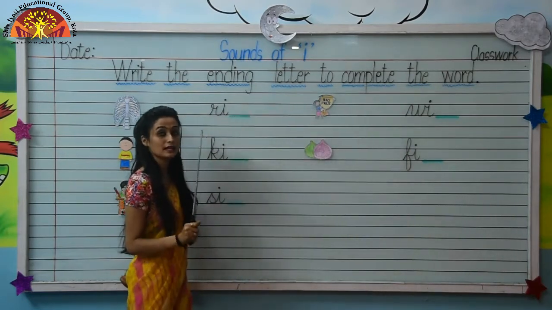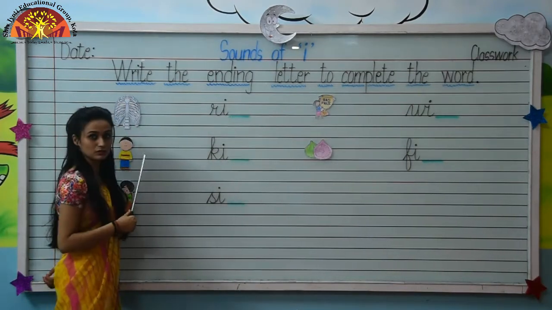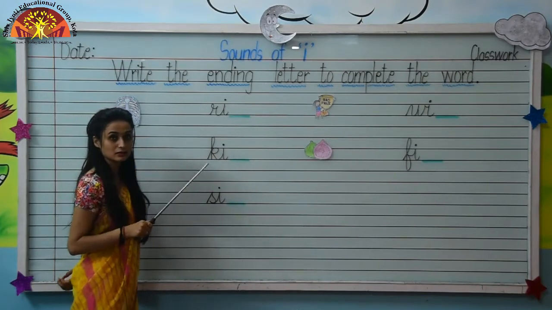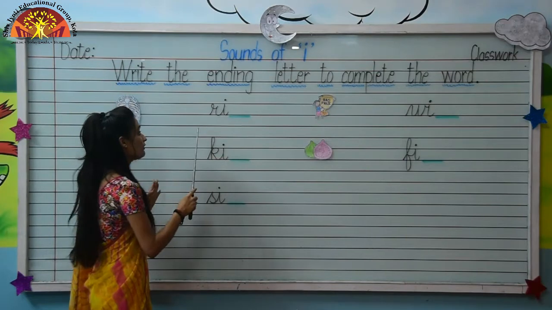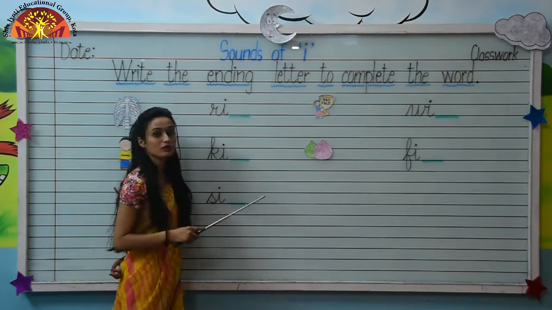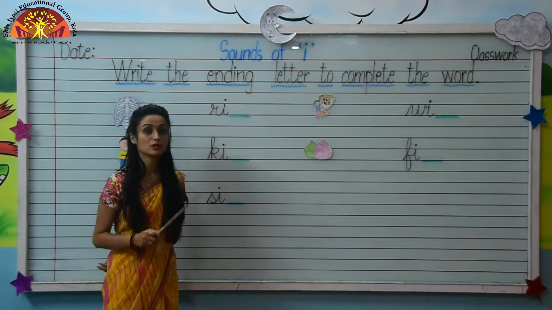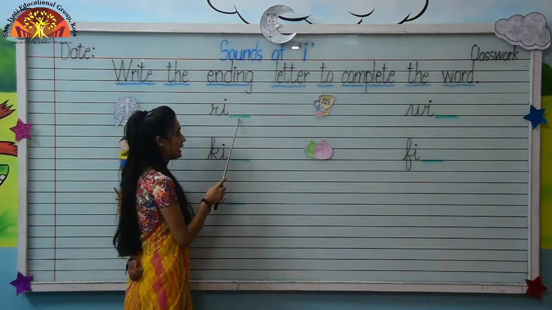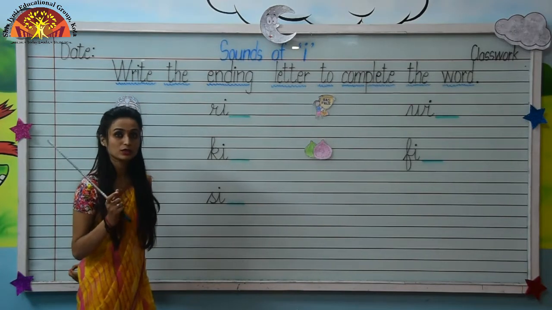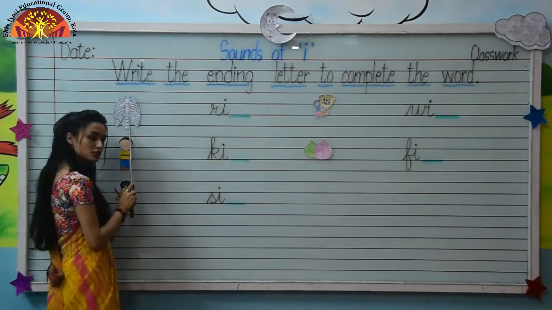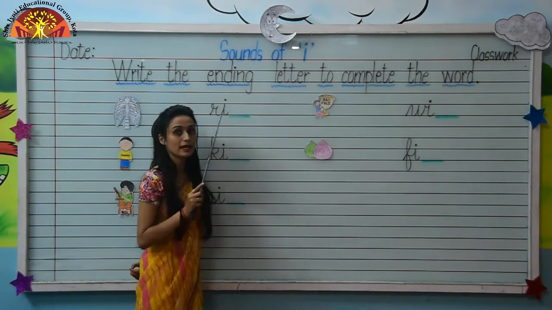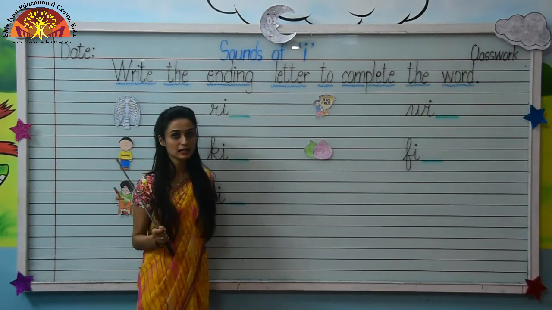Kids, as you can see, here are some pictures, and in front of these pictures a few words are written. We have to complete the whole word. The ending letter of the word is missing, so we have to find out the ending letter and complete the whole word.